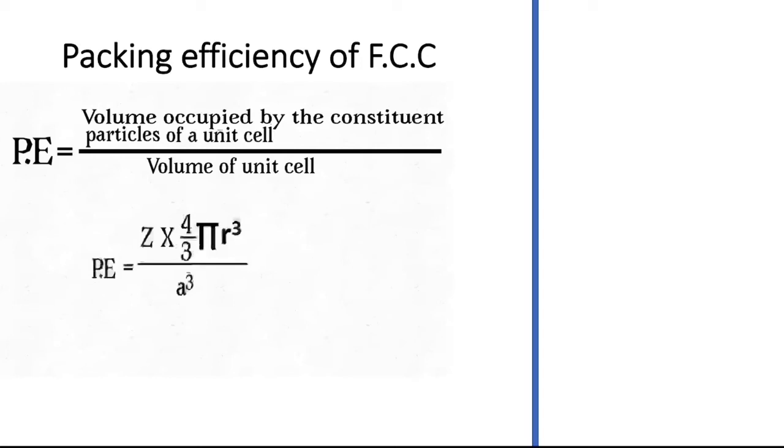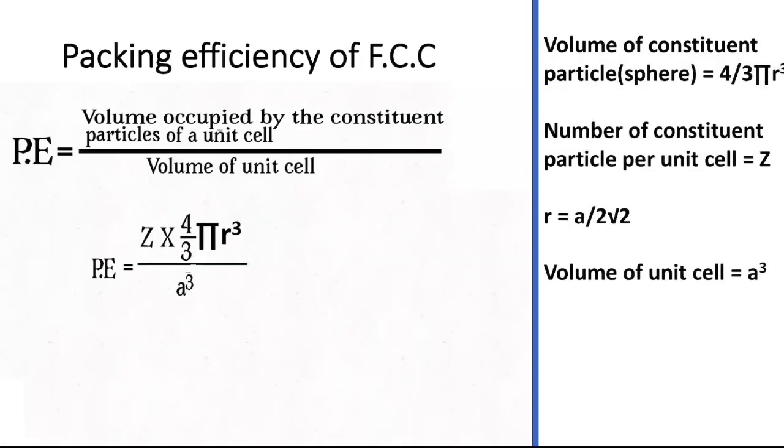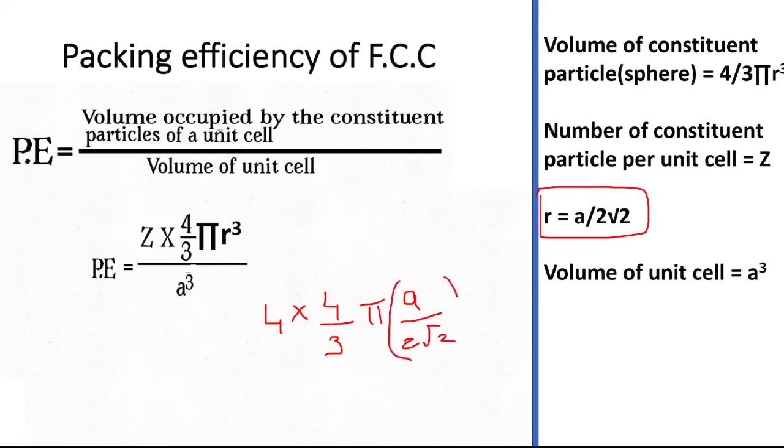The same formula applies, but this time we'll be using r equal to a by 2 root 2. Substituting in the formula for F.C.C., we have 4 into 4 by 3 pi, a by 2 root 2 whole cube by a cube, into 100, because we are taking the percentage.